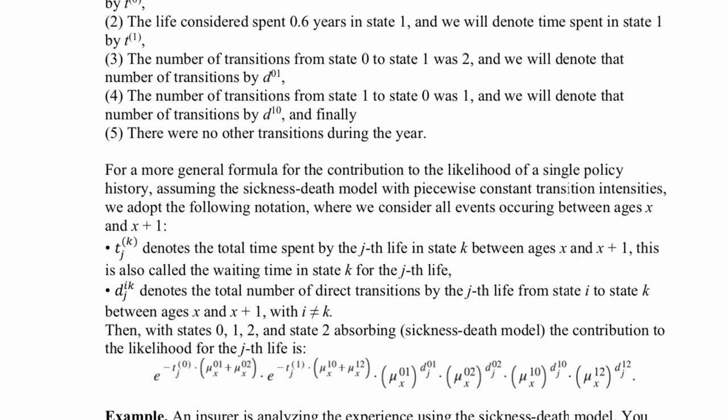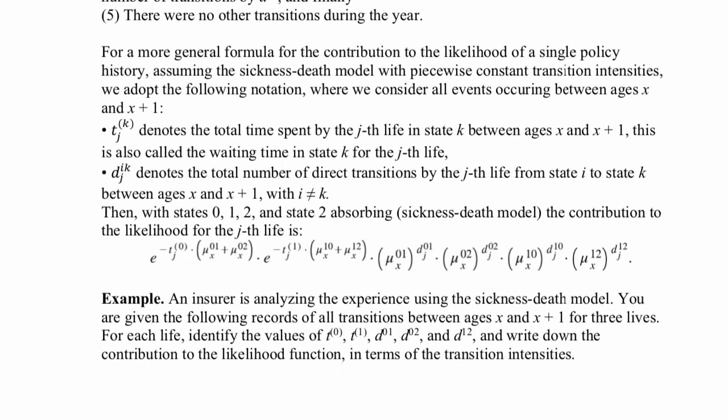The number of transitions from state 0 to state 1 was 2, denoted d01. The number of transitions from state 1 to state 0 was 1, denoted d10. And finally, there were no other transitions during the year.